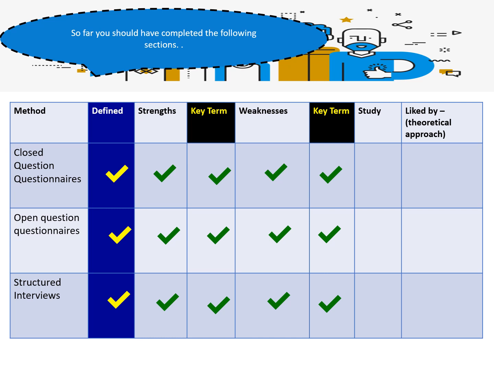But I'd like you to try now to put in the theoretical approach that you think would choose this kind of method. I'm hoping that you can see that using a closed question questionnaire is something that would probably be liked by positivists, because you're going to get quantitative data quite easily, so you can use large samples and get representative samples. So have a go at this now, filling in that last column, liked by.